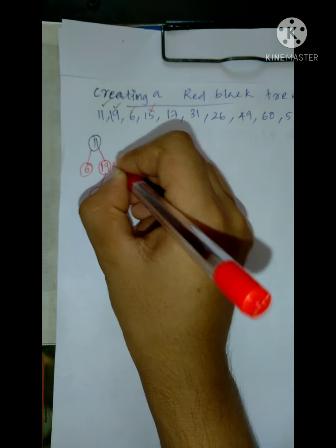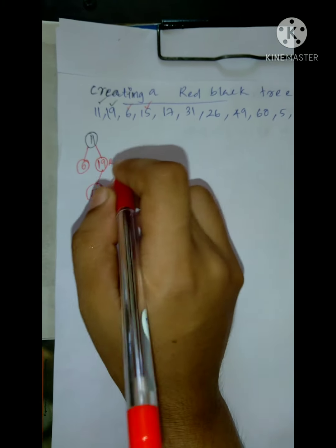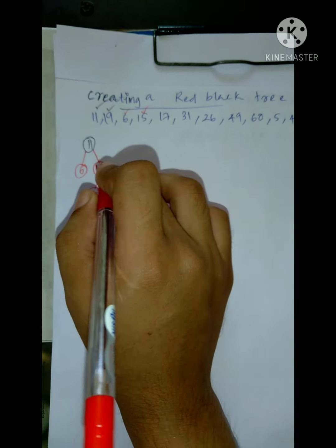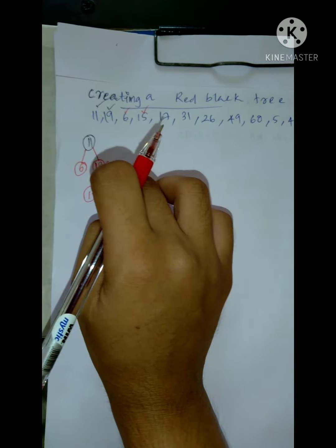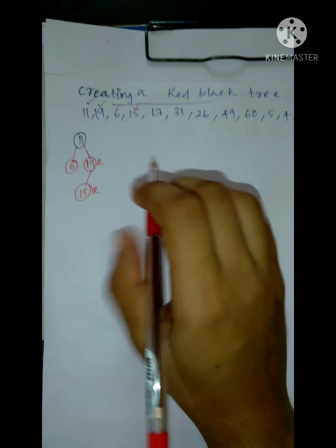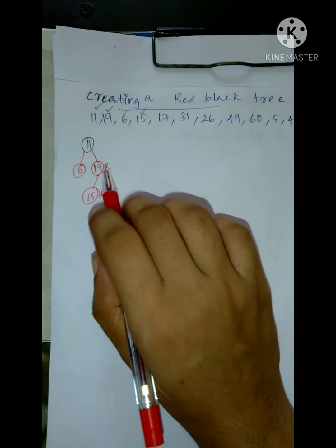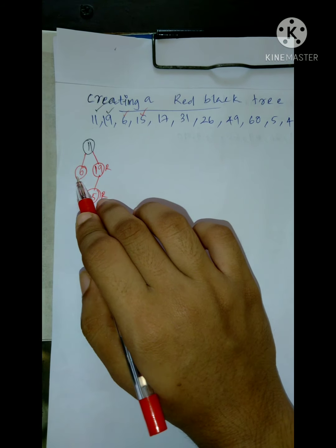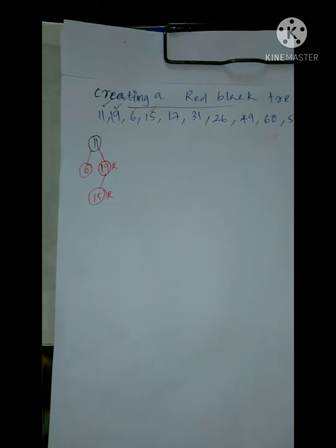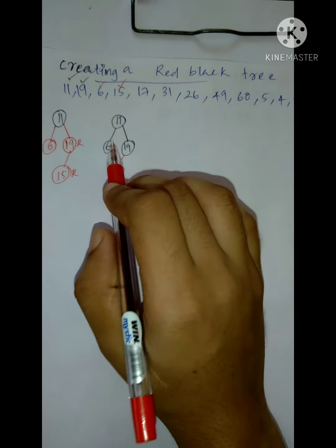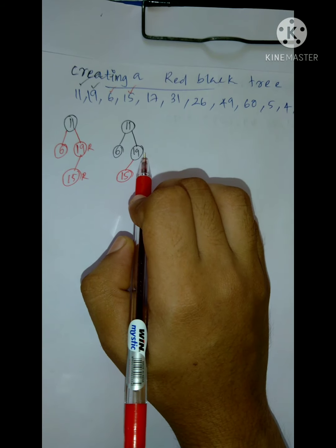So here there is a red conflict, which is not applicable for a red black tree, so we should perform the rule. Okay, so what was the rule? Check the parent's sibling. Yes, the parent's sibling is red, so we want to recolor it. We have recolored 6 and 19 to black.